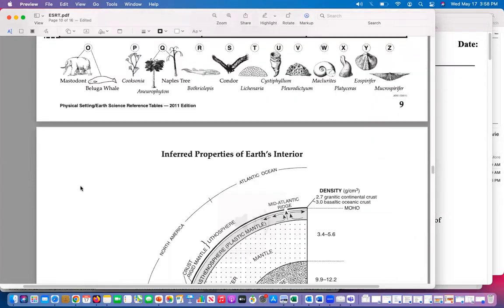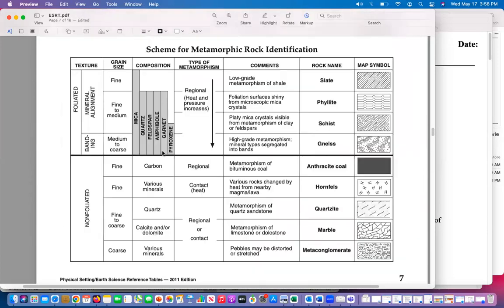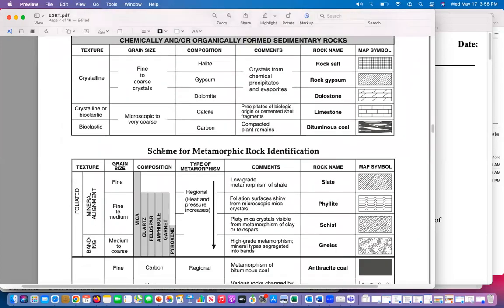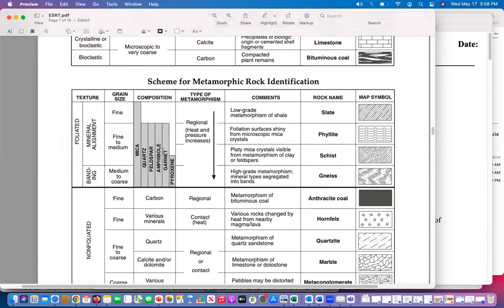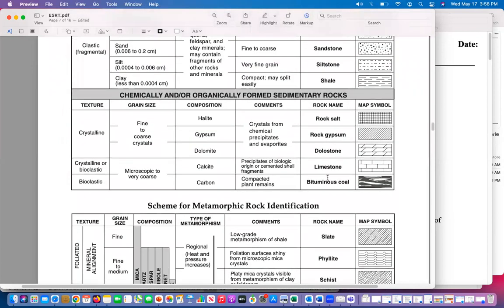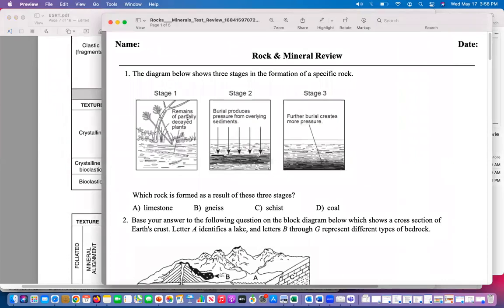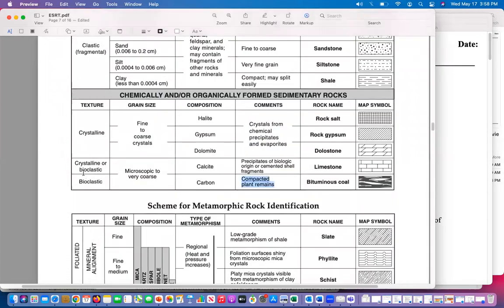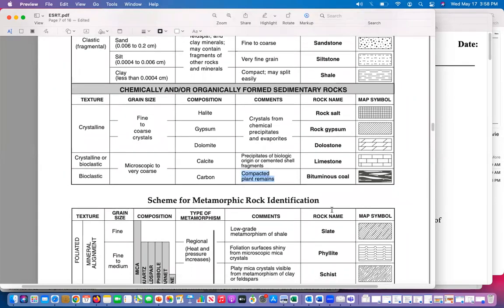When I scroll to page 7, right where it says bituminous coal, it says compacted plant remains. Just like it states that there's remains of decayed plants here, that lets me know that it can be bituminous coal, right?